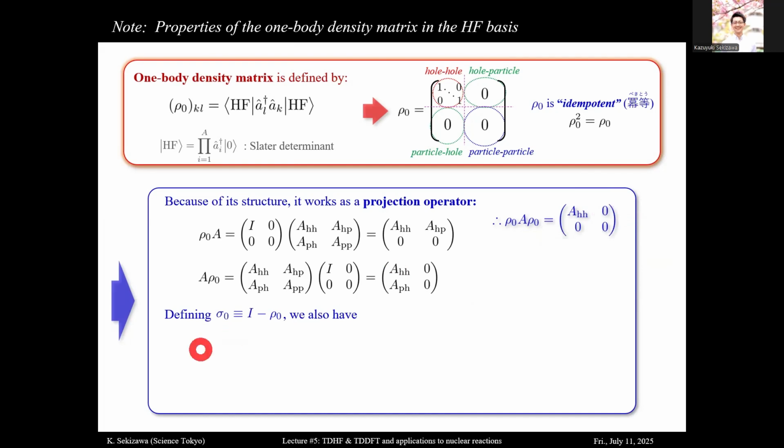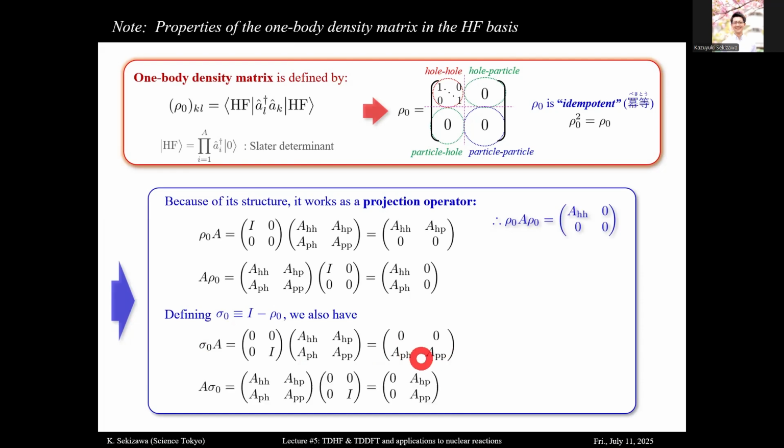And also, you can define 1 minus rho 0. So this is a projection operator to the subspace complementary to rho, let's say. And then it will act in the opposite way. So by acting with sigma 0 from the left, you get these bottom components.